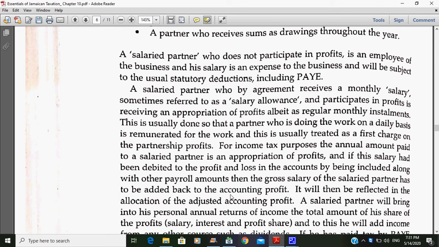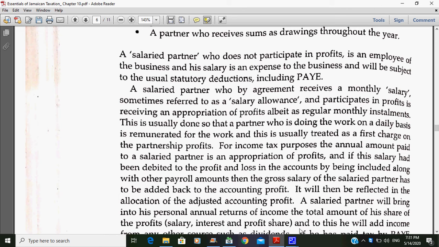Corinne is an employee of the business. But Andrew and Beth fall under the situation where they are being paid a monthly salary and they are participating in profits. So in that case, their salaries should be added back to adjust the accounting profit. Alright?